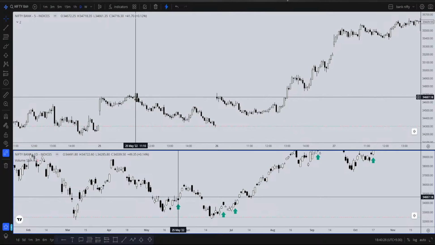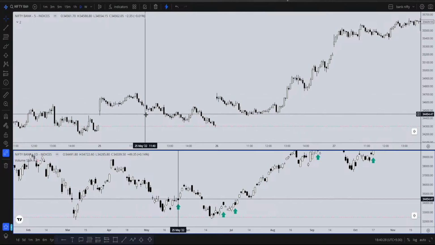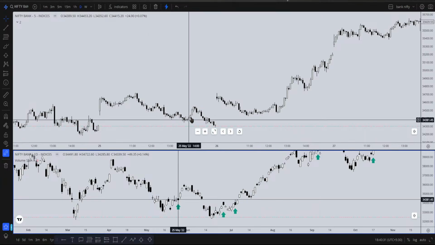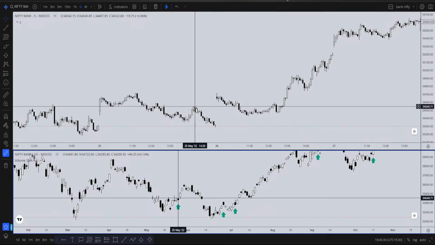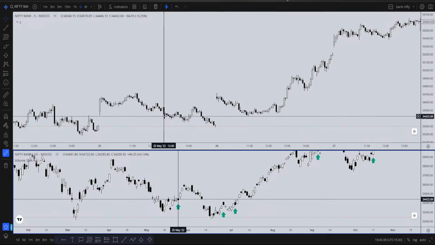First it breaks the high of the day and then breaks the low of the day. And then once it breaks the low of the day, it goes back to eat the SL and then comes down. Damn.